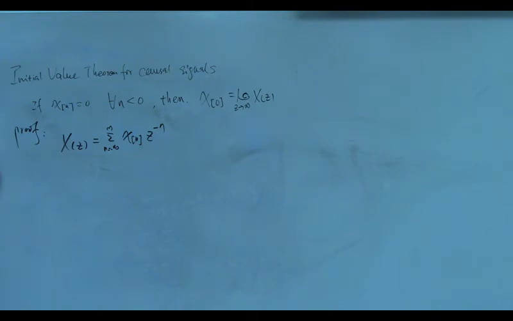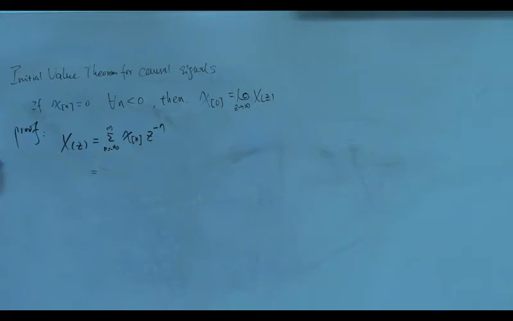It's good? Alright, now, because this signal is causal, we don't have any negative time. We don't need to consider that. So the first term to be considered is n equal to 0.